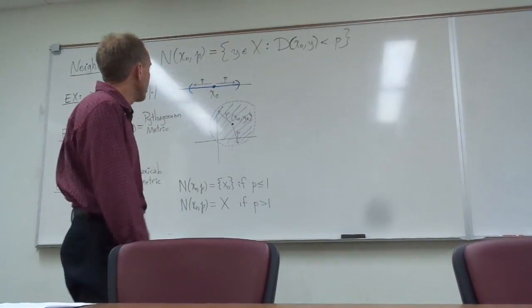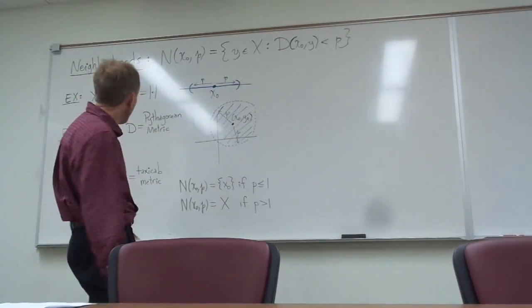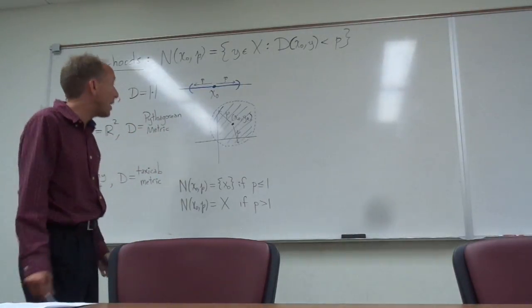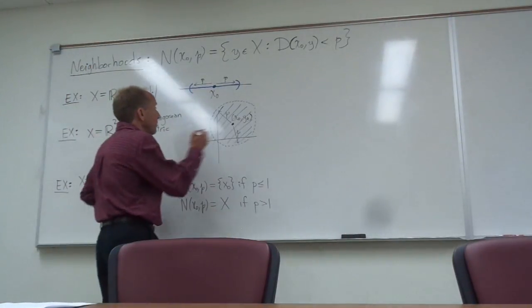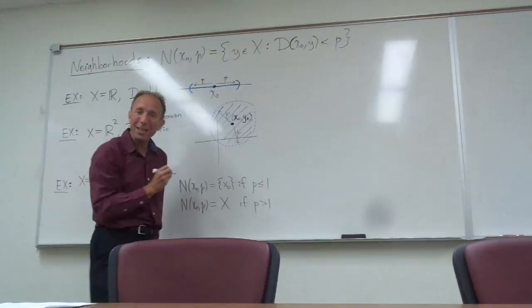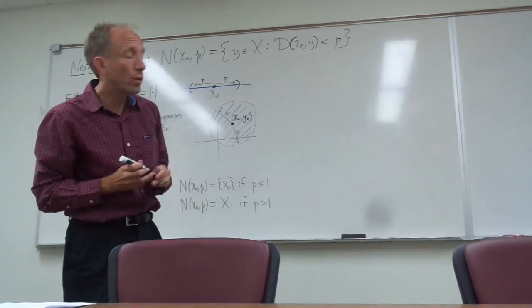And so all of the neighborhoods kind of look like that. If we go to the whole xy plane and we use the Pythagorean metric that we talked about, well, now if we fix a point here, x naught, y naught, somewhere in that xy plane, then the neighborhoods look like disks. These are open disks.